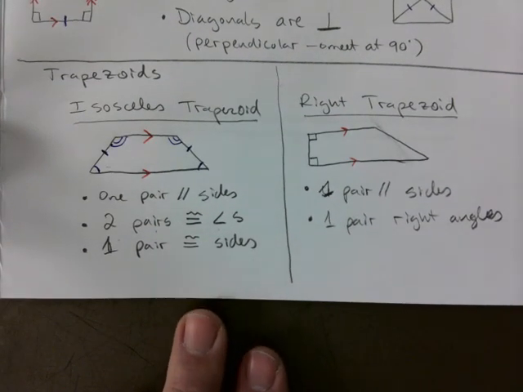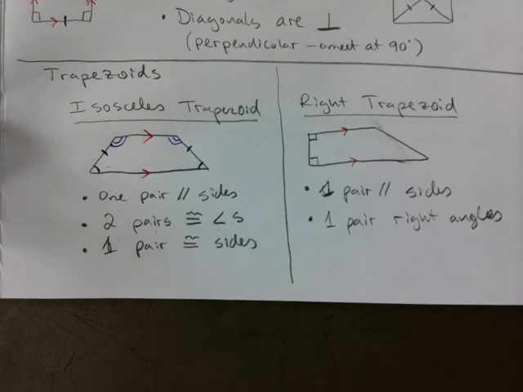One pair of parallel sides, one pair of right angles. And now I'm going to give you a property that's going to make your life a lot easier when you're working with these, because you're going to do the same thing as triangles. You're going to try to get information out of it. They're going to give you partial information. You're going to fill it in.